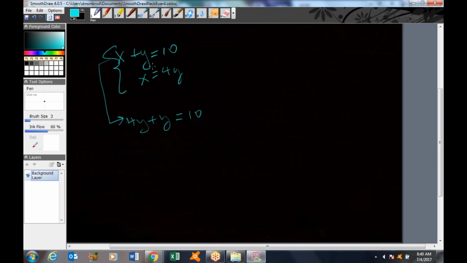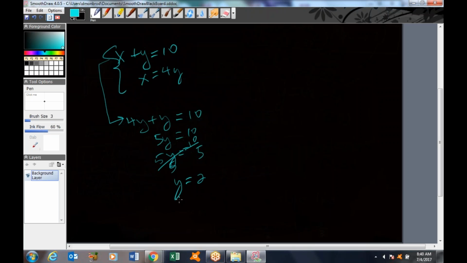I've replaced the x with its expression 4y. And then this equation, since it's one equation and one unknown, we'll just solve it for y. So we have 5y equals 10 by combining. Then we'll divide by the 5, and we'll have 10 over 5 here. So y will be equal to 2.